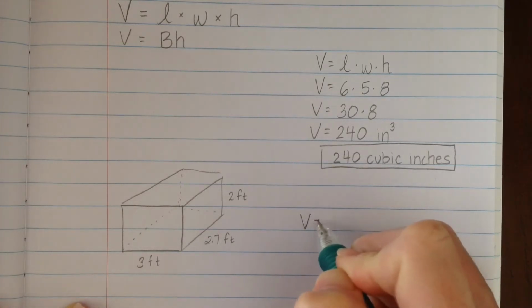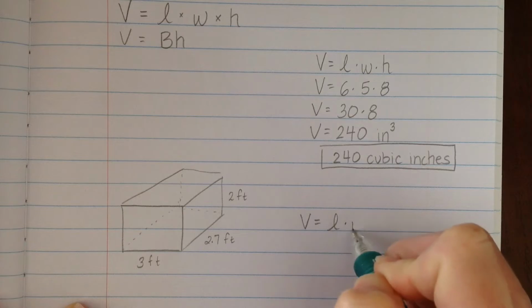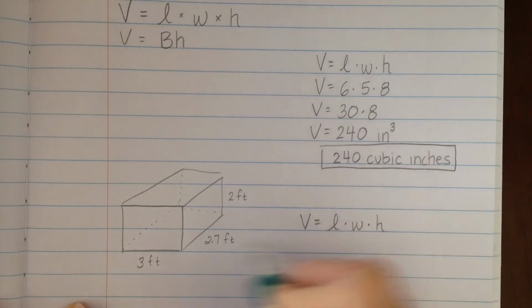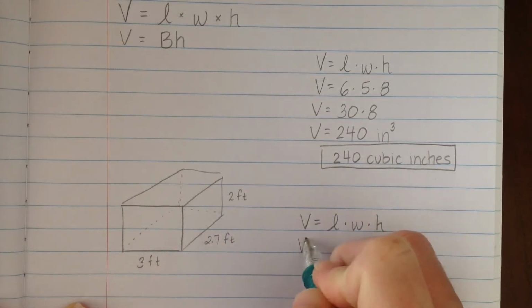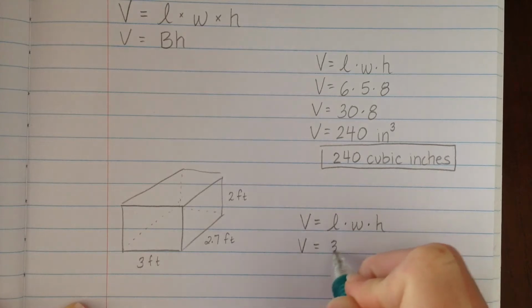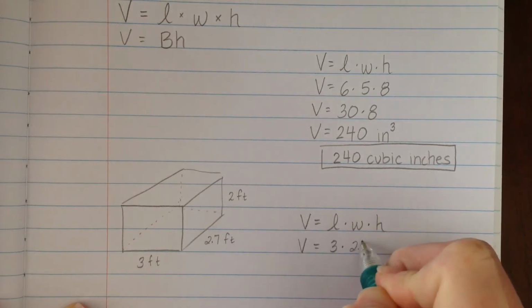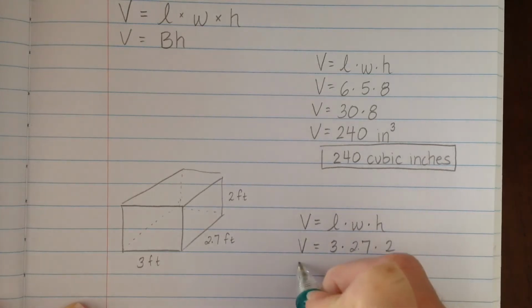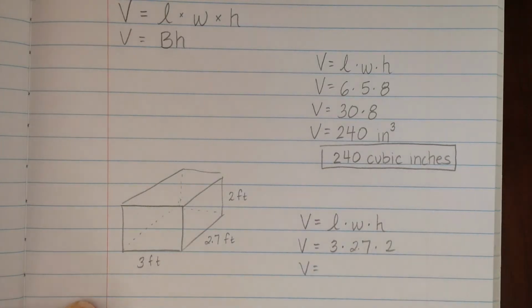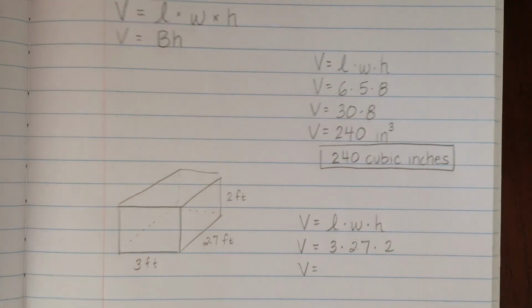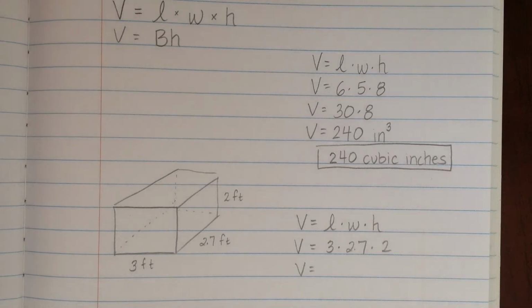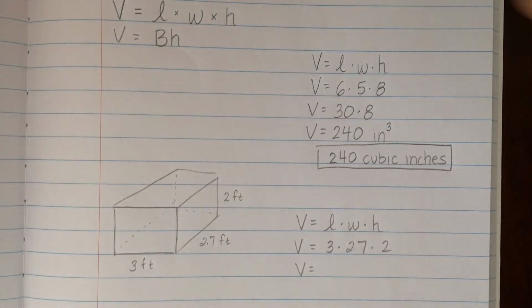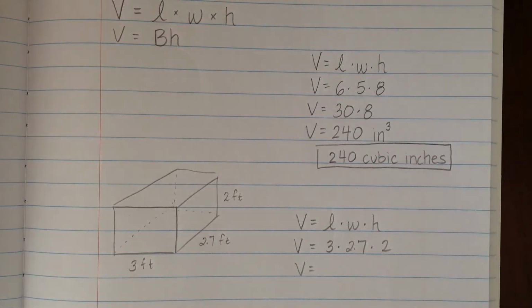So the volume is equal to length times width times height. So I just basically multiply my three values together. 3 times 2.7 times 2. My calculator. So we do 6 times 2.7 if I'm going to do it in my head.